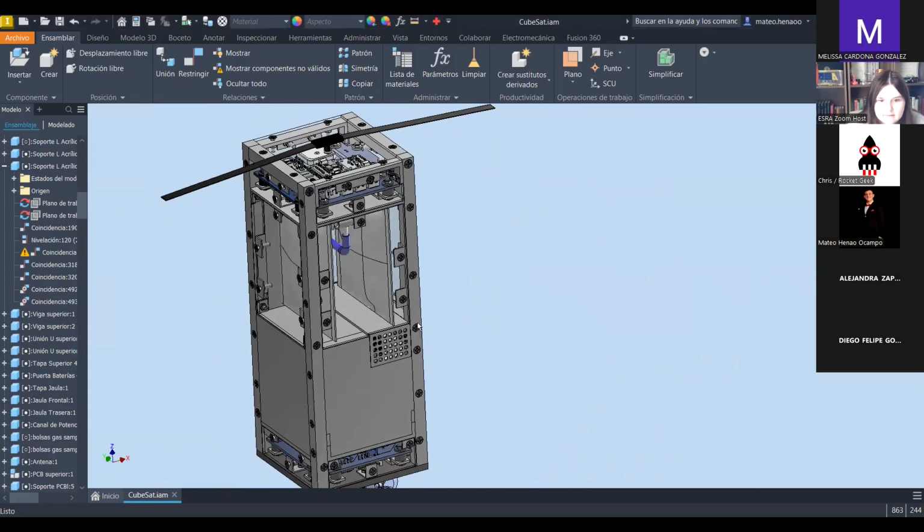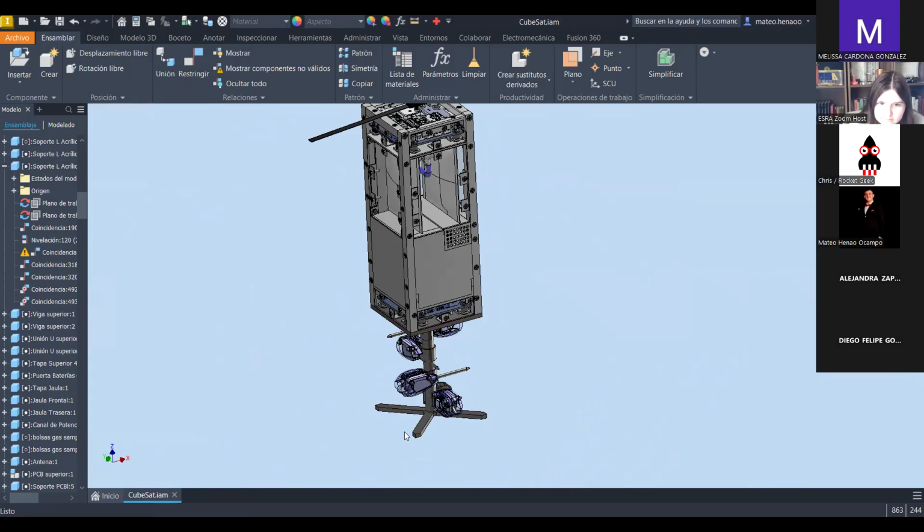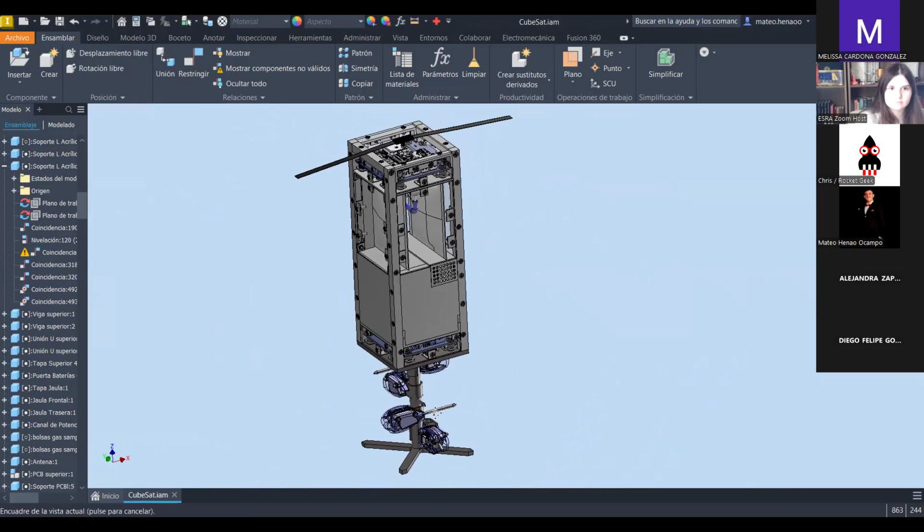Yes, we can. Well, this is the anemometer portion of the CubeSat where we want to measure the velocities of the wind for directions, and that's why we have a central column where all the pitot tubes are attached.